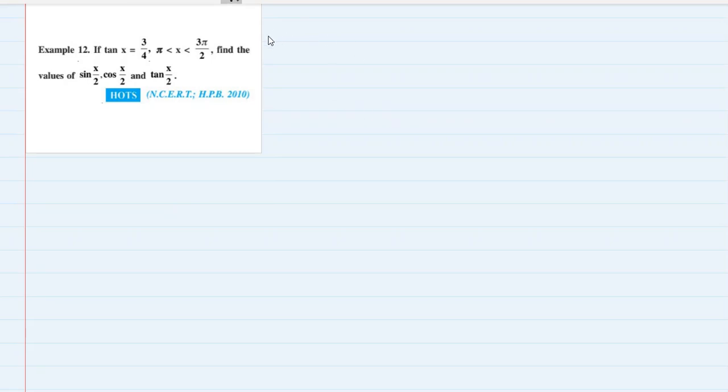So you can write it like this. Since x is greater than pi and smaller than 3 pi by 2, therefore x by 2 will be greater than pi by 2 and smaller than 3 pi by 4, if you divide everything by 2.